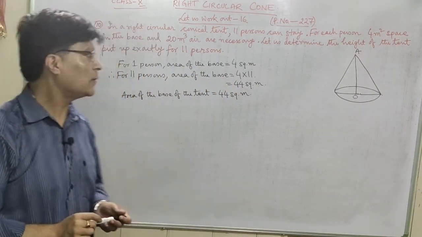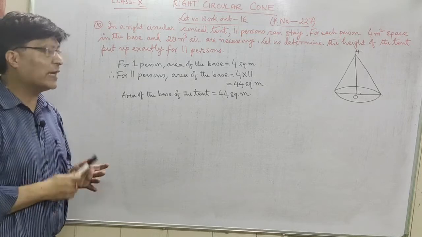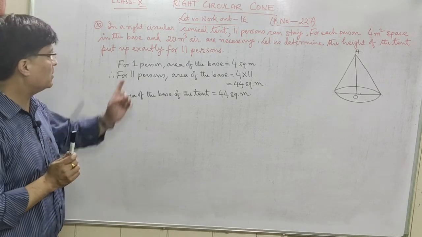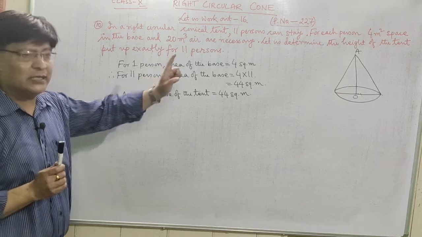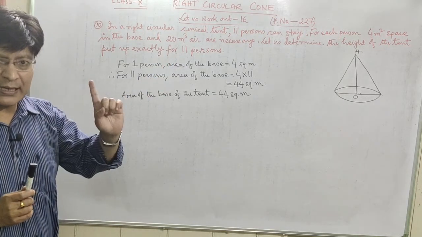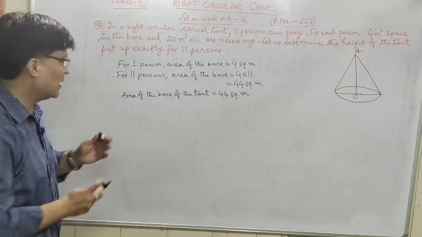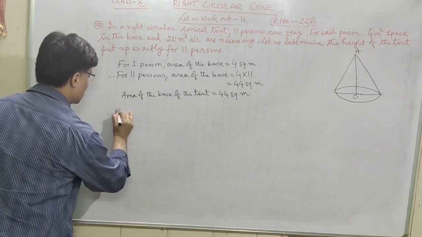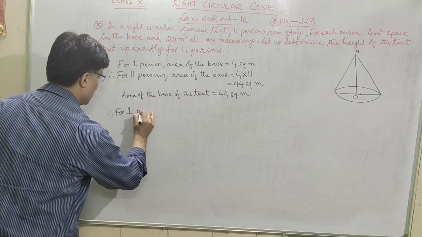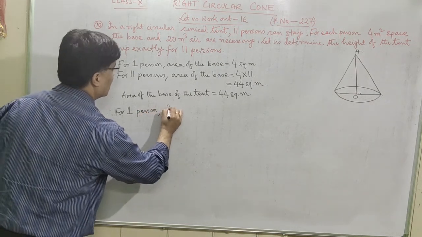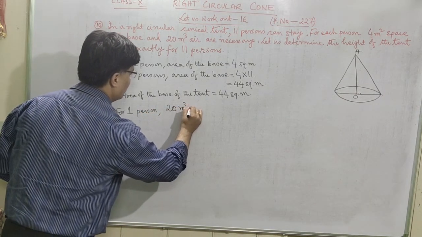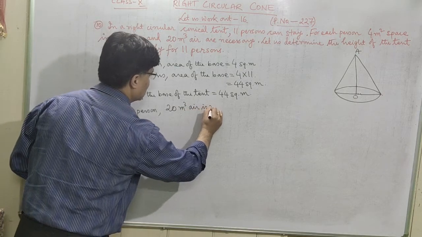Okay. Now what is given in the question? Again, for each person 20 meter cube air is necessary. So for one person, 20 meter cube air is necessary.